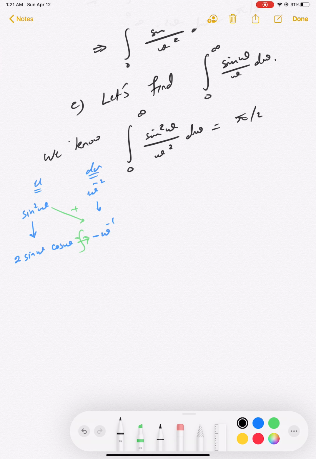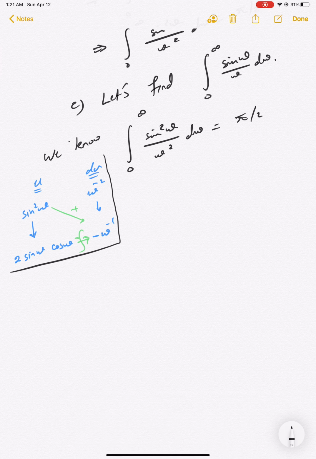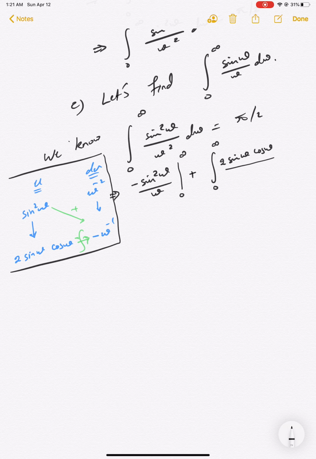So if you do integration by parts, basically, let's isolate this. What is this integral? It is negative sine square omega over omega from 0 to infinity, then plus the integral from 0 to infinity of 2 sine omega cosine omega over omega d omega.